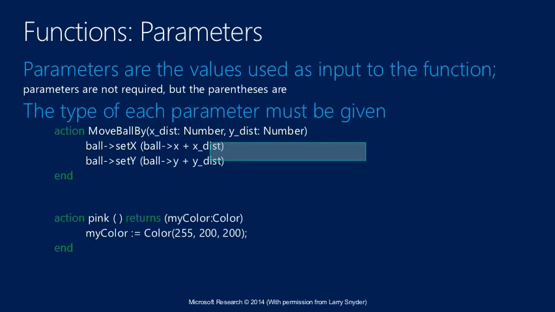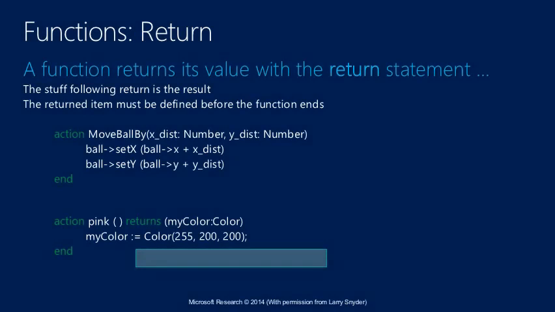So, as we just mentioned, parameters are the values used as input in the function. So when you say move ball by a distance, we don't need them on functions that don't require parameters. Our return statement must be declared, so we need to declare in our function definition what we're going to return.